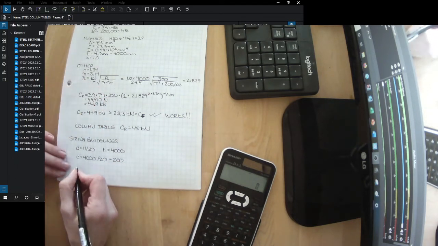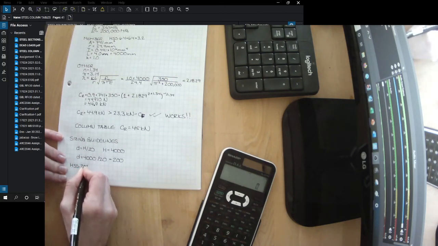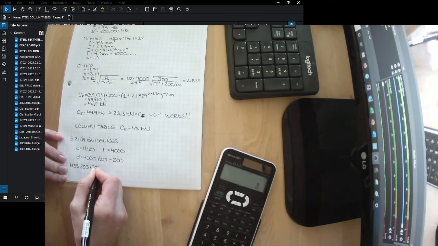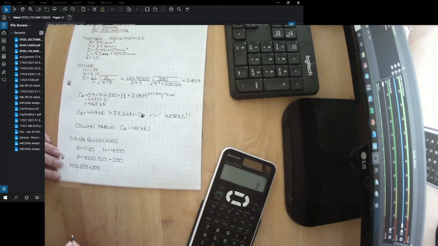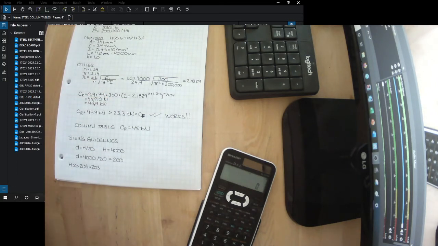That's not quite far enough. Had we been doing a preliminary sizing guideline, we would have recommended as a placeholder on the drawings that you put in an HSS 203 by 203. But it looks like with our very light loads in this requirement that we can end up with a smaller column. So we're pretty good.